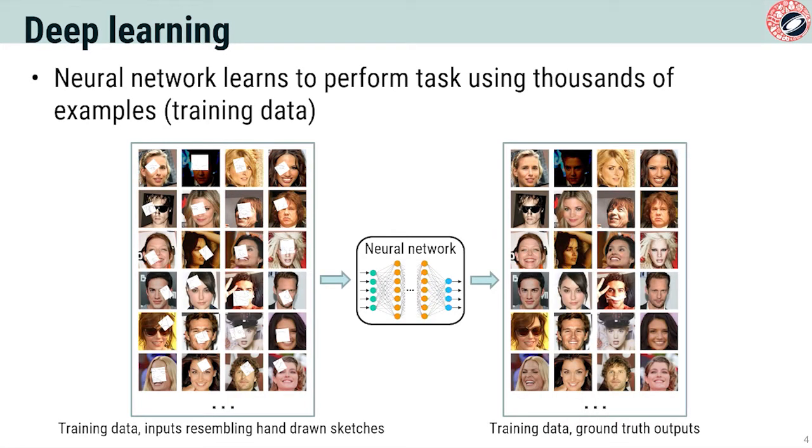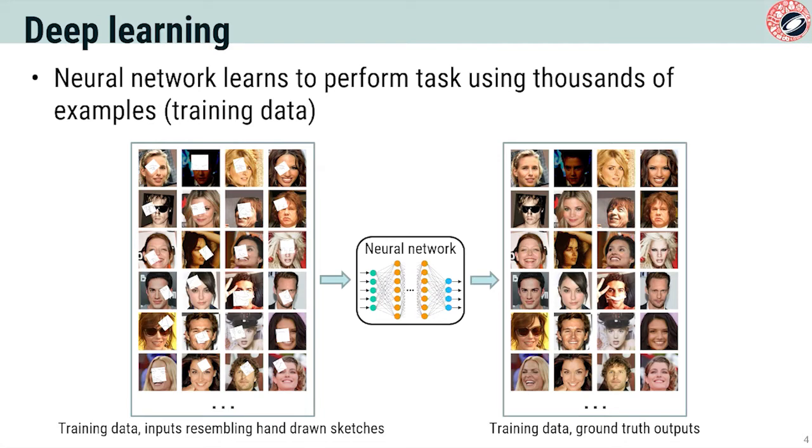So to achieve this functionality, our approach also relies on deep learning with neural networks, as in Edgar's work. Fundamentally here, a neural network learns to perform a task using thousands of examples or training data. Now in our application, we prepare training data that resembles hand-drawn sketches and also corresponding realistic output images.